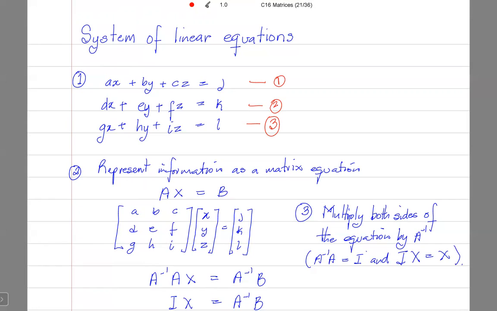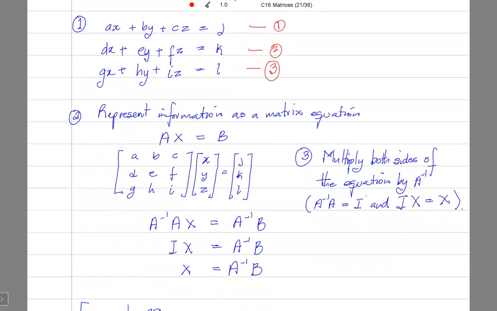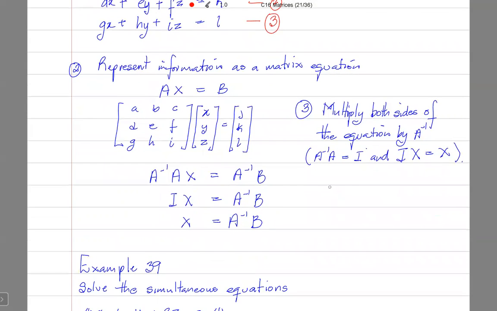So we have A, B, C, D, E, F, G, H, I times X, which is just a column matrix of X, Y, and Z. And that's equal to B, which again is another column matrix, J, K, and L. So how do we solve a matrix equation of this form?